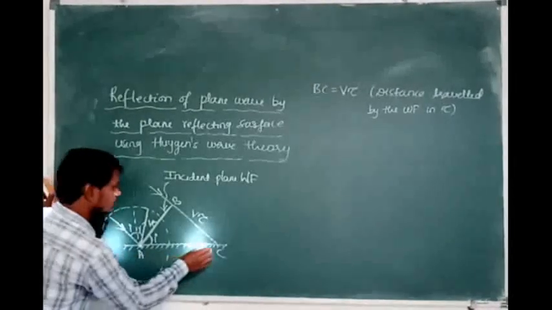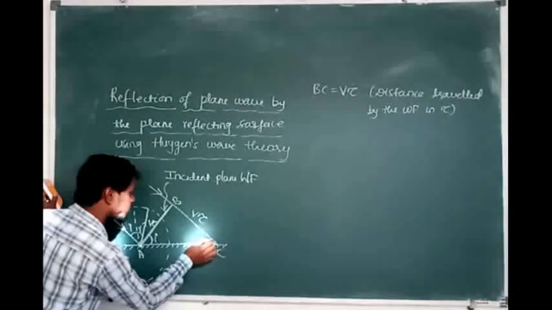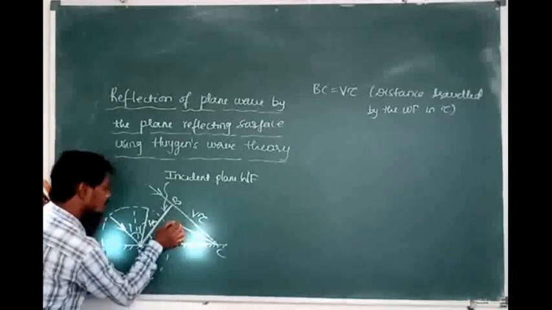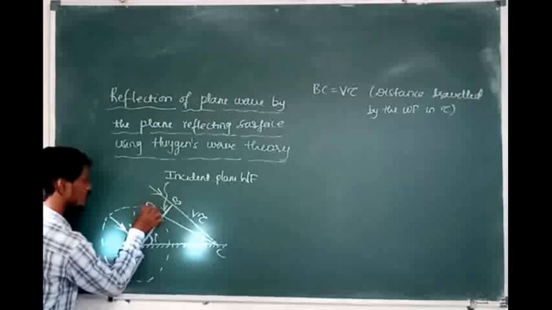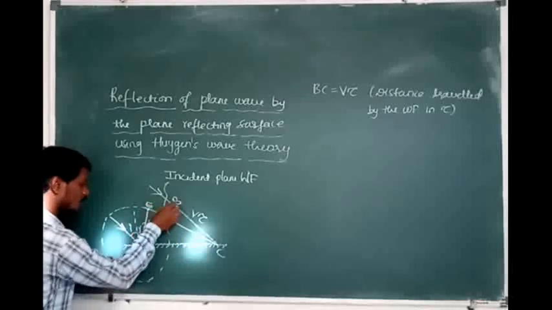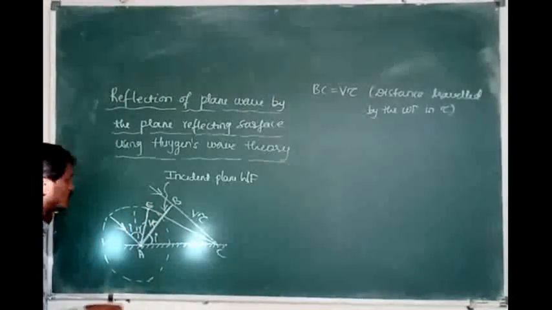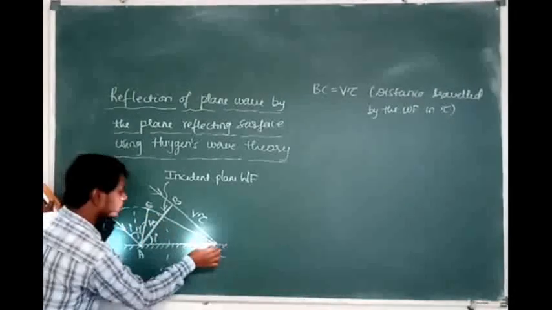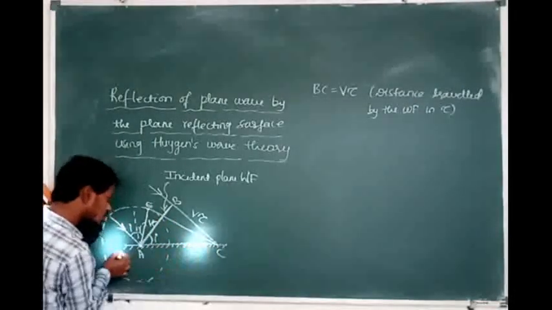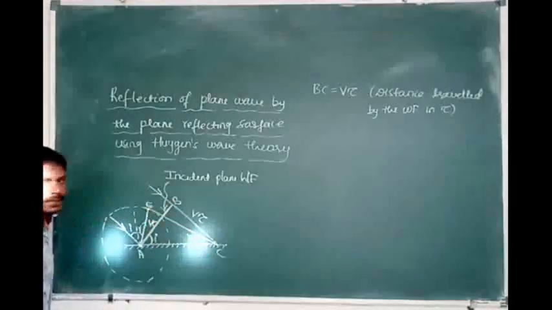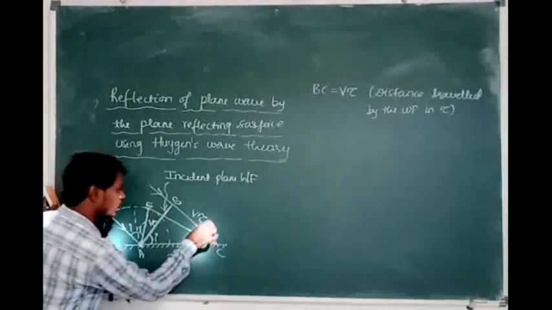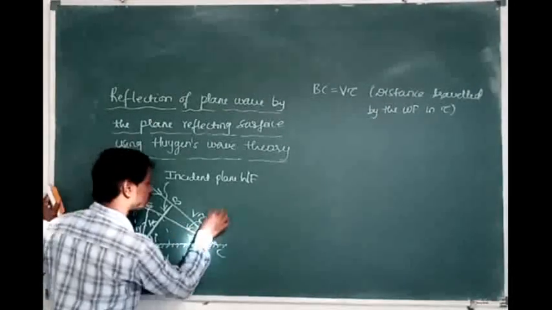Then I will draw the tangent from C to the sphere, and take the point E. CE is the reflected wavefront and AB is the incident wavefront. The angle made by the reflected wavefront with respect to the reflecting surface is called the angle of reflection.